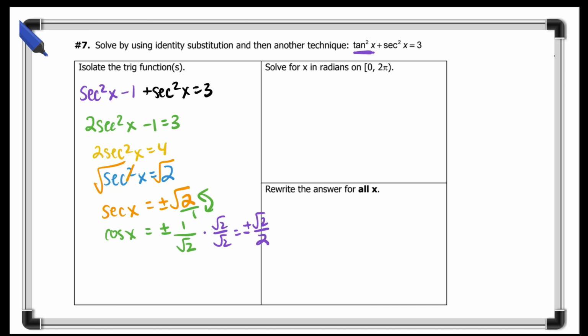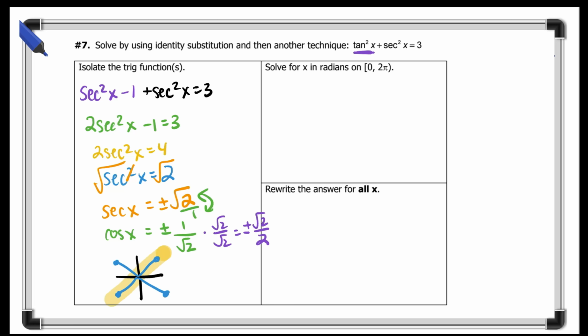So again, I think about where my unit circle would get me positive or negative root 2 over 2. And it's got to be the cosine, right? So those are all your middle angles. They're all these angles right here. The cosine of positive or negative root 2 over 2. Okay, so I want you to think about your angles.